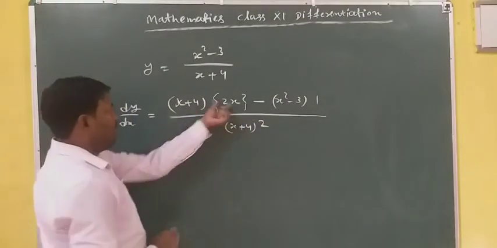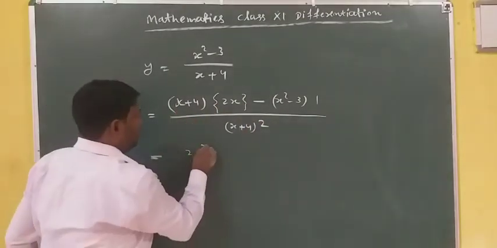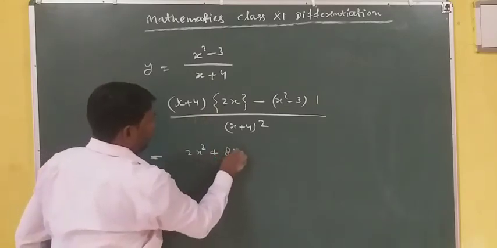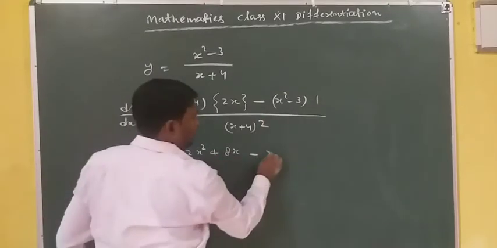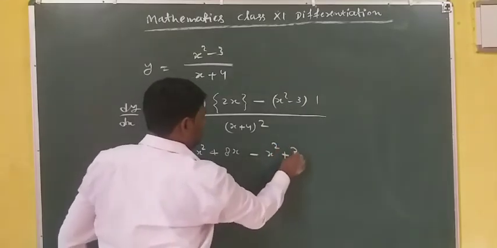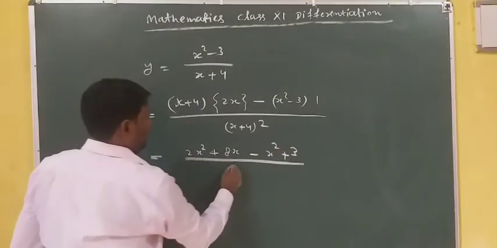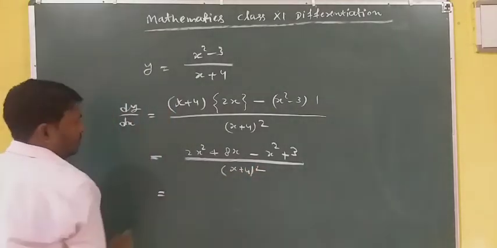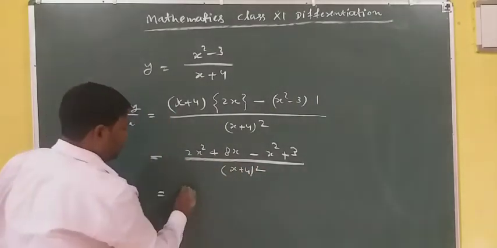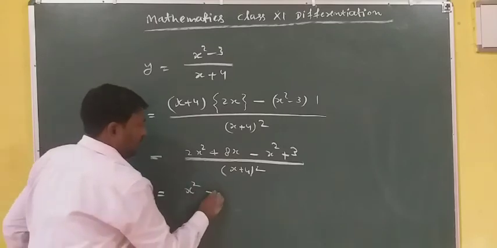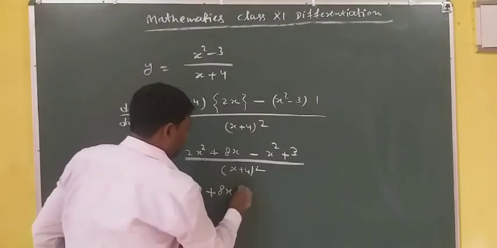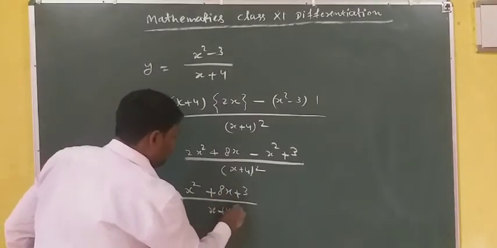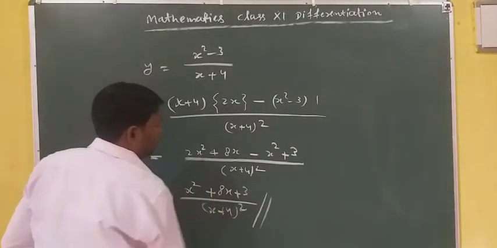So multiplying 2x into x is 2x square, and 2x into 4 is 8x, minus x square plus 3, divided by (x plus 4) whole square. So your answer is 2x square minus x square, that is x square plus 8x plus 3, divided by (x plus 4) whole square. This is your answer.